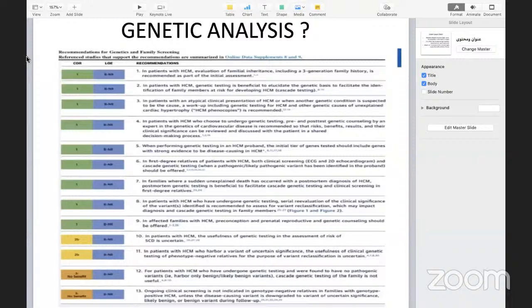Usually it's more important in patients who had a history of sudden cardiac death, especially in first-degree relatives, or, for example, who have high risk issues. But from the guidelines, it's also for other patients, for example, if you suspect another genetic disorder. So you have to think about it.